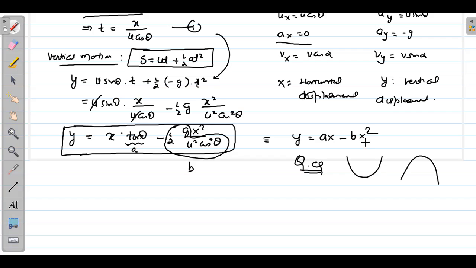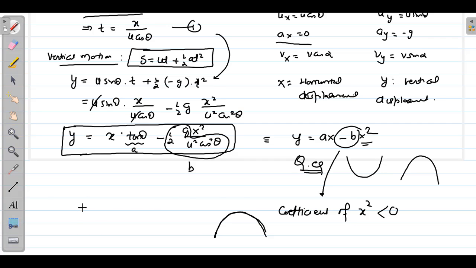For this equation, the coefficient of x square is minus b, the coefficient of x square is less than 0, that is negative. So the graph is a parabola and downward opening. If the coefficient is negative, then the graph is downward opening. So we have already mentioned that the projectile path is downward opening. This is the projectile path. This is a parabola and it is downward opening because mathematically we can see the coefficient of x square is negative. So the path is a parabola and downward opening.